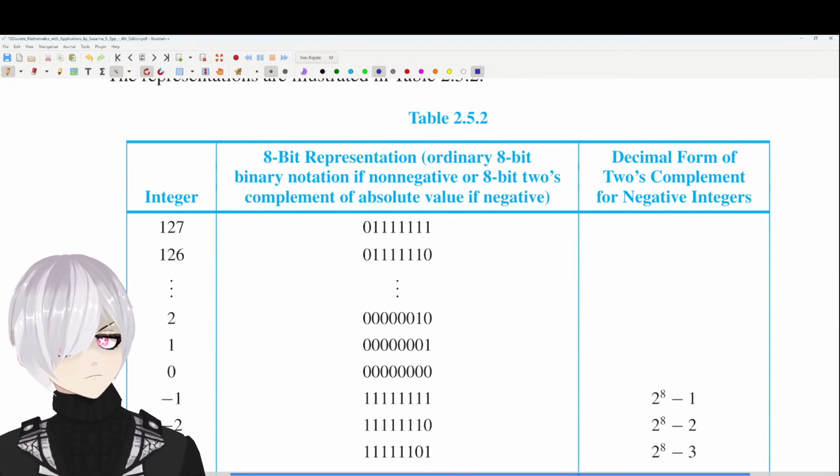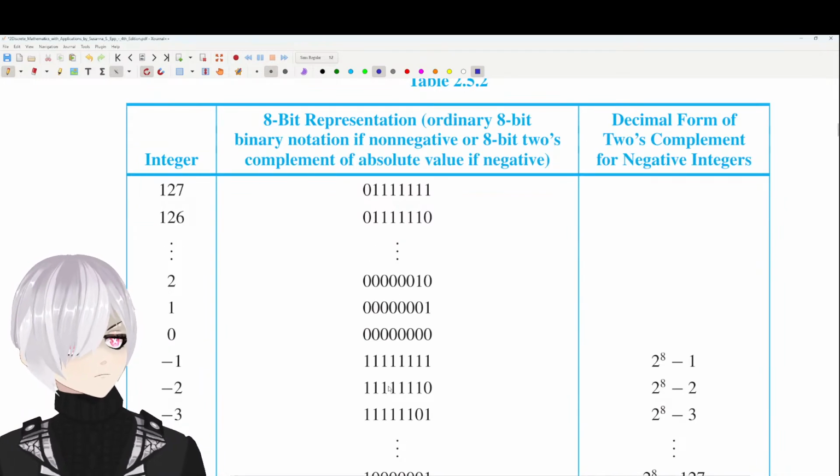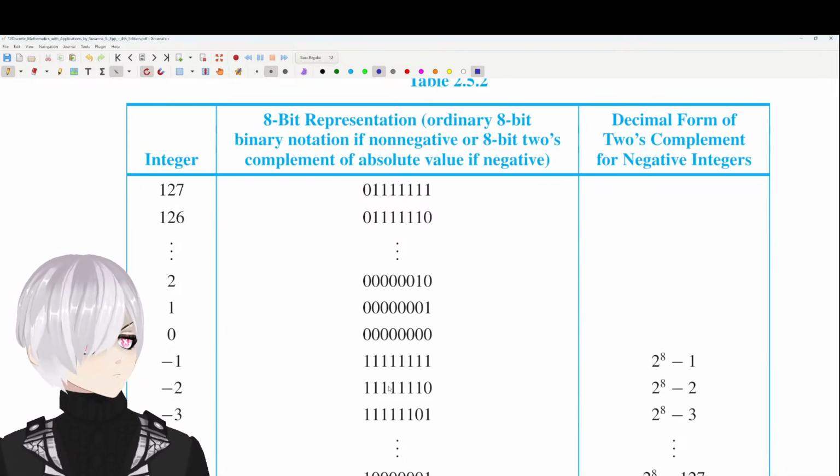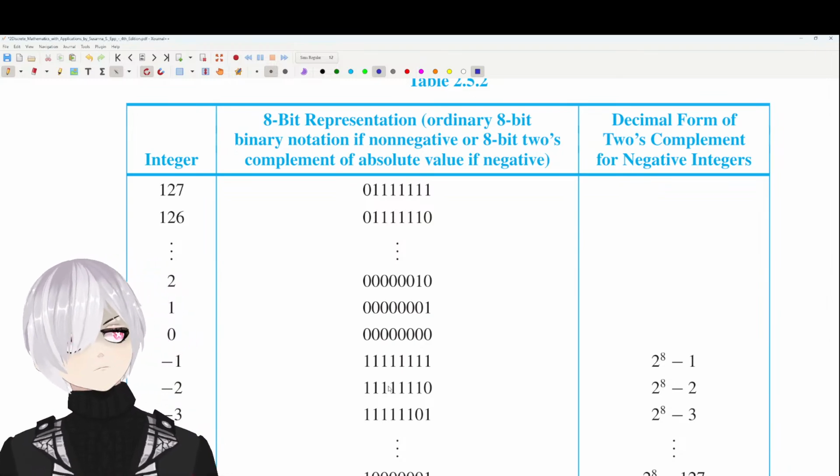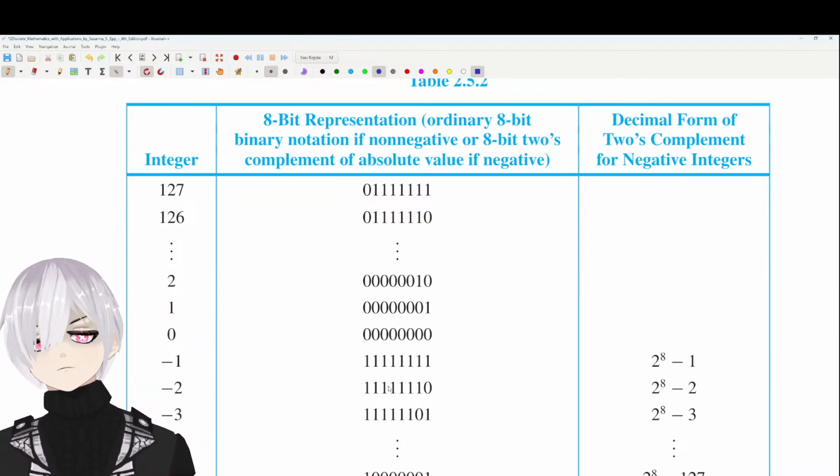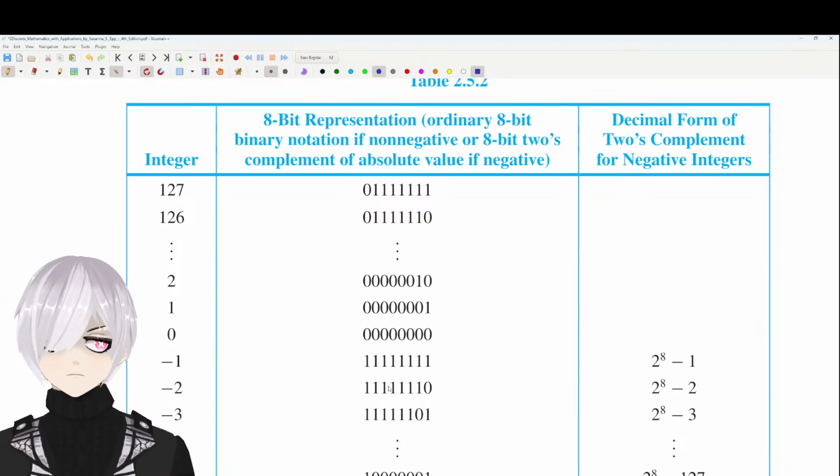Yeah, so they have integers together with what their 8-bit representations would be. So I guess the idea is like what we were doing before.